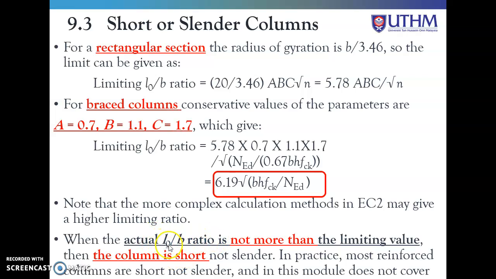If the actual L0 divided by B is more than limiting value, so it will become the slender column. So in practice, most of the reinforced columns are short and not slender, and this module will not cover the design of the slender column.